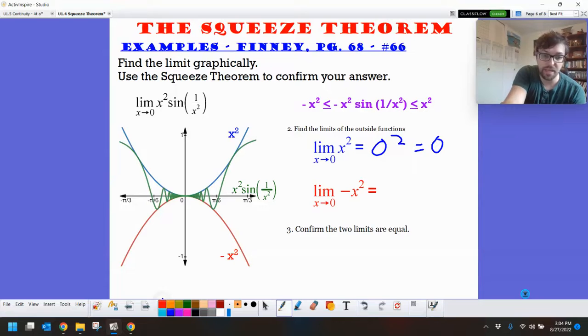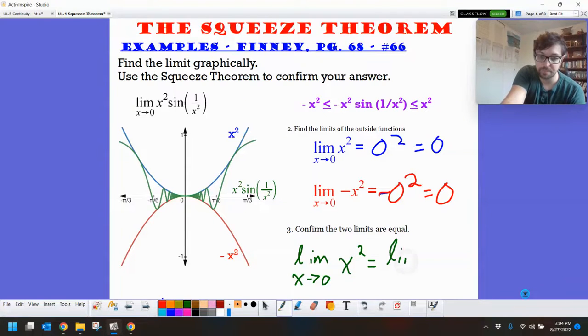And the limit as x is approaching 0 of negative x squared is, hey, negative 0 squared, which is also 0. And hey, those two things are equal. So we can say that the limit as x approaches 0 of x squared equals the limit as x approaches 0 of negative x squared, and they both equal 0.